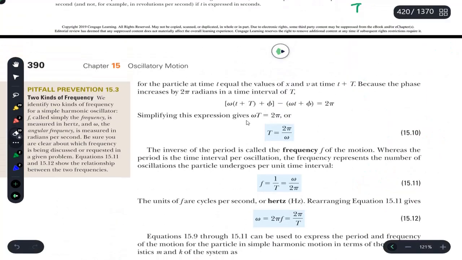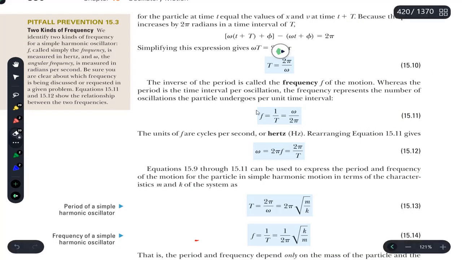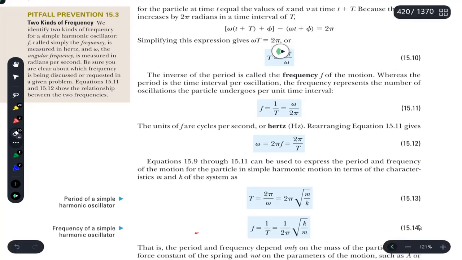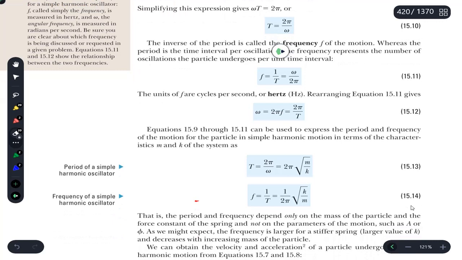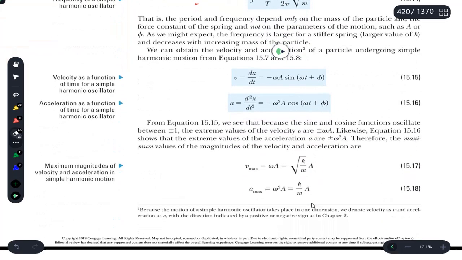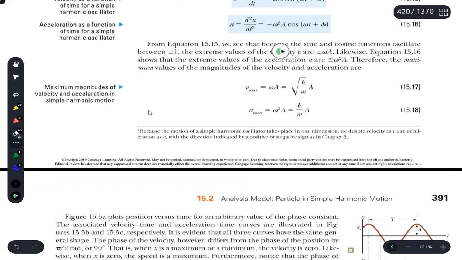Now let's turn to page 390. The expressions from 15.10 up until 15.14 are modified from what I have shown earlier: what is period, what is frequency, what is omega and such. And 15.15 and also 15.16 are actually given in your equation sheet. So this is something new. We are given earlier that you can calculate acceleration by using maximum acceleration, which is k A over m.